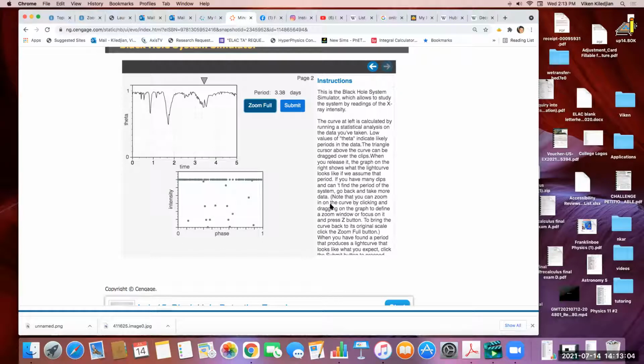Note that you can zoom in on the curve by clicking and dragging on the graph to define a zoom window, or focus on it and press the Z button. To bring the curve back to its original scale, click the zoom full button. Okay, zoom full.